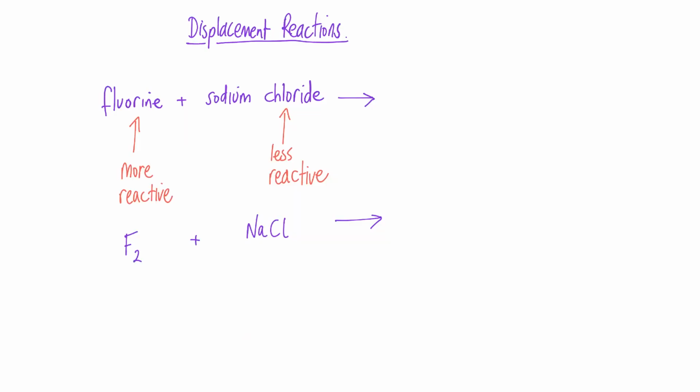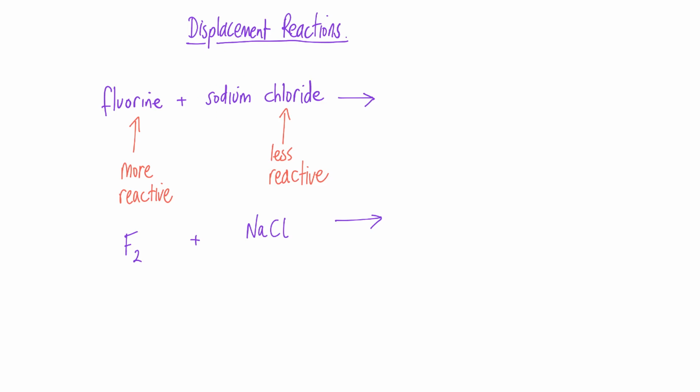So let's take a look at the word equations for those displacement reactions. Let's consider if we had fluorine. It wasn't one that I just talked about in the experiment there, but this can also happen. So if we've got fluorine, which is extremely reactive, so that's why we wouldn't use it in the school lab, that is much more reactive than the chlorine. So what will happen is that your fluorine will displace the chloride ions from the solution. It's kind of stealing away the sodium.